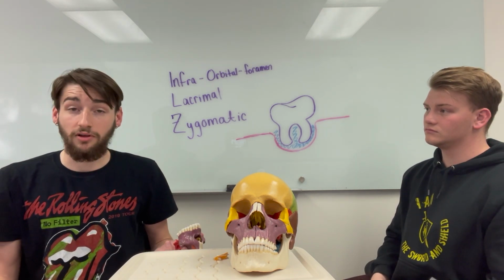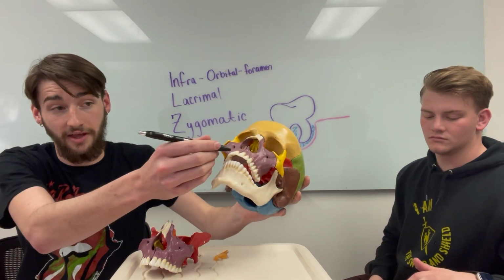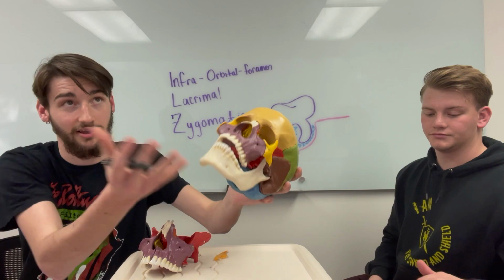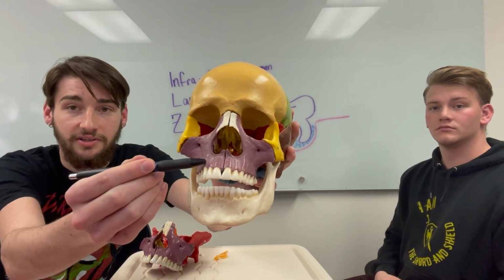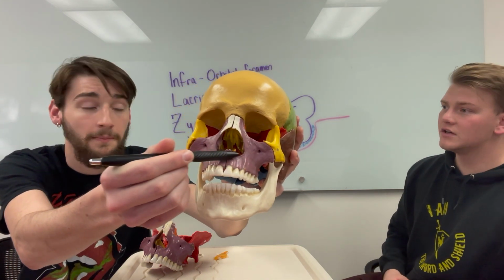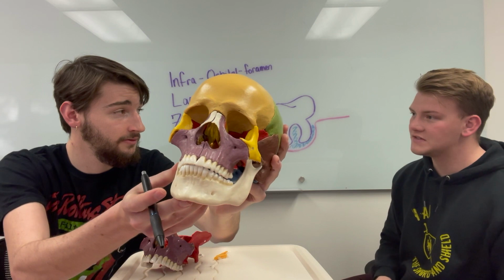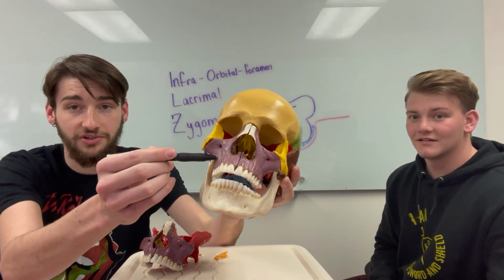Next, we've got the alveolar process. So we know alveoli means that socket that the teeth are going to sit in, and we see that the alveolar process is going to be this ridged region that's just above that. Now, is there another place where the alveolar process is? Yes, the alveolar process is not just on the maxilla, which is on the upper jaw.